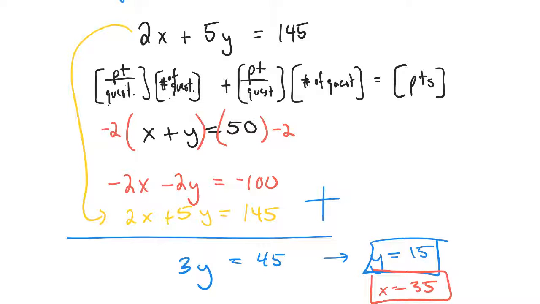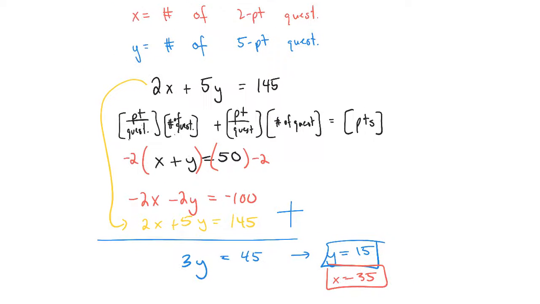This is one of those times where it's really important that you make a verbal statement in your answer. So, on a test, you should finalize this question with the following. I need my let statements. Let me grab my let statements. I look at my let statements, and I see, okay, x was the number of 2-point questions, right?